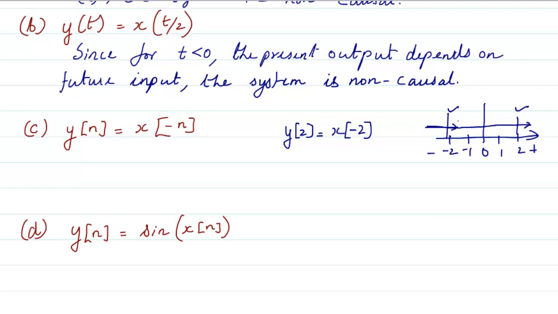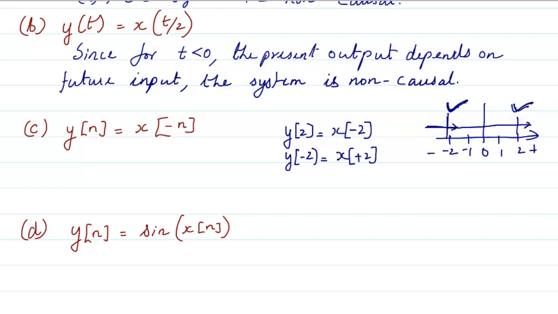So it's okay. But what if you want to take the case of y(-2)? If you take y(-2), you will find that it is x(+2). In that case, when you are trying to find the output here, it depends on the value at x(+2).